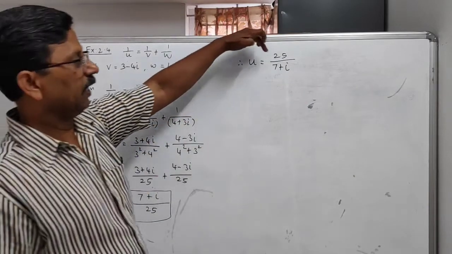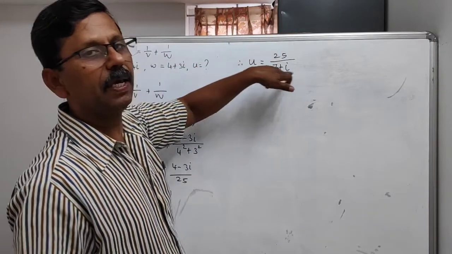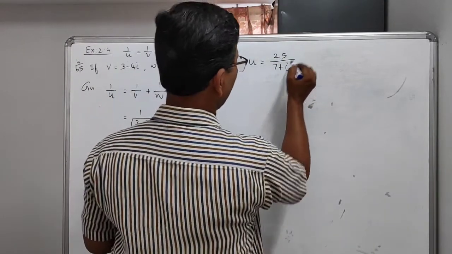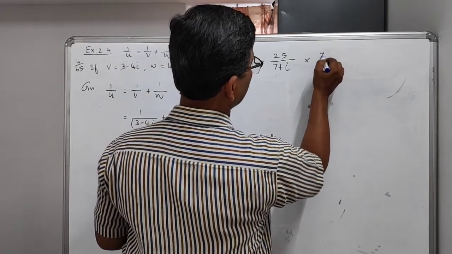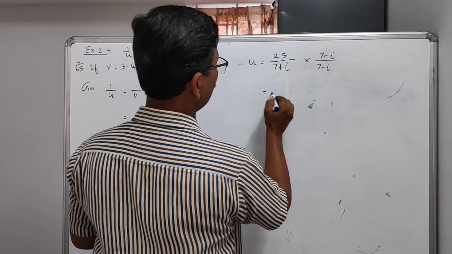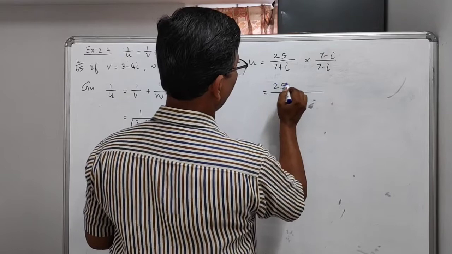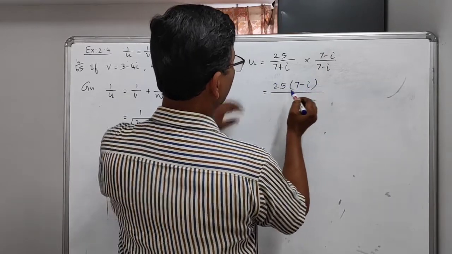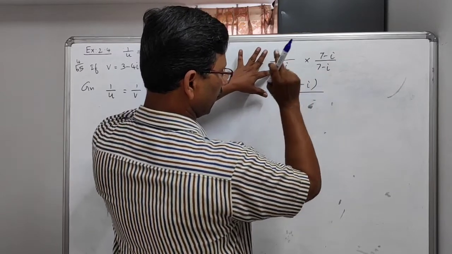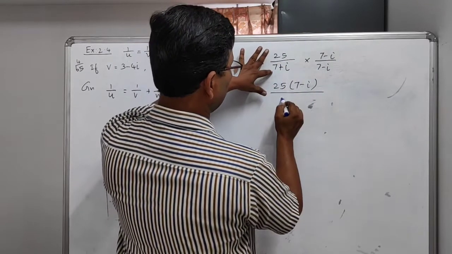Now, this could be written as 25 into 1 by (7 plus i), or else you can directly take the conjugate. You multiply and divide by its conjugate, (7 minus i) by (7 minus i), which is equal to 25 into (7 minus i) by z into z bar, which always gives real part square plus imaginary part square.